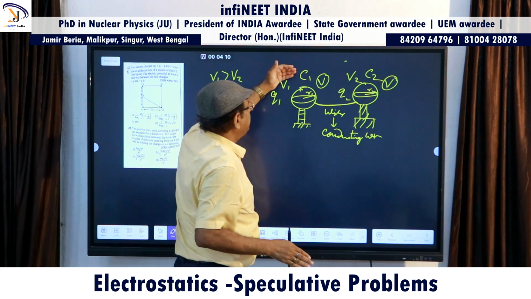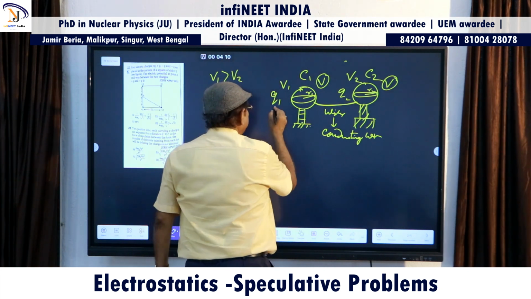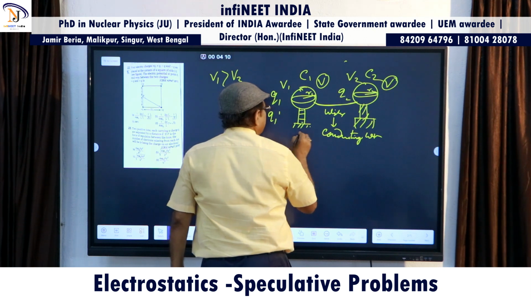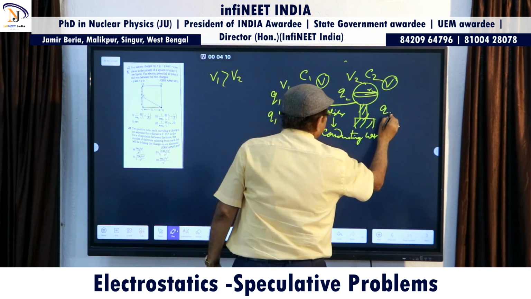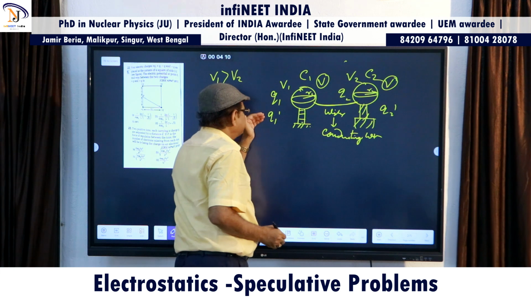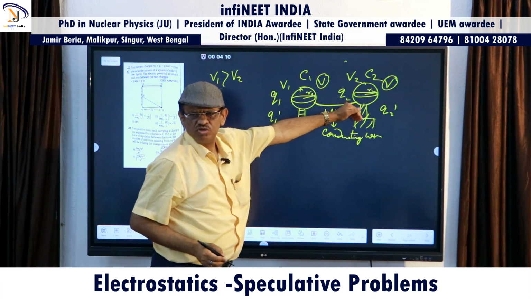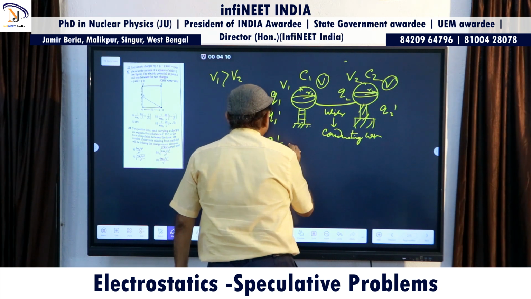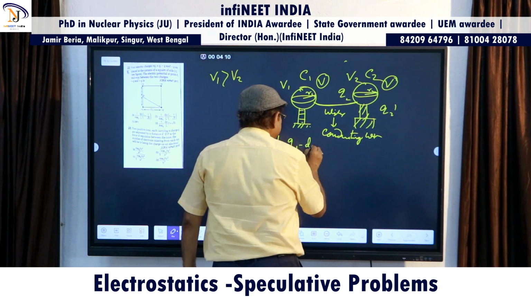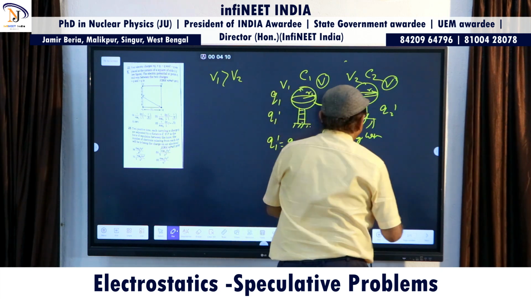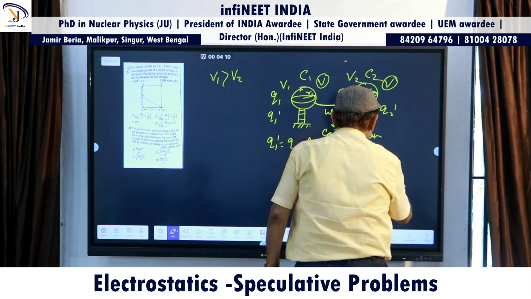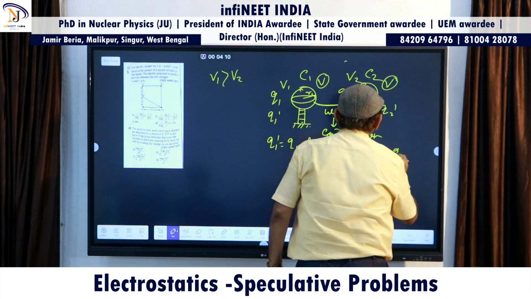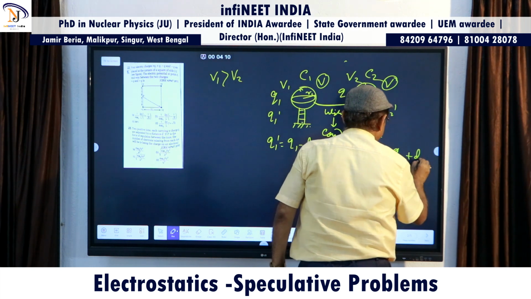So when V1 is larger, then the final charge will be Q1 dash, and here the final charge will be Q2 dash. Here a certain amount of charge it will lose. What will happen? Q1 dash equals Q1 minus dq, and Q2 dash equals Q2 plus dq.